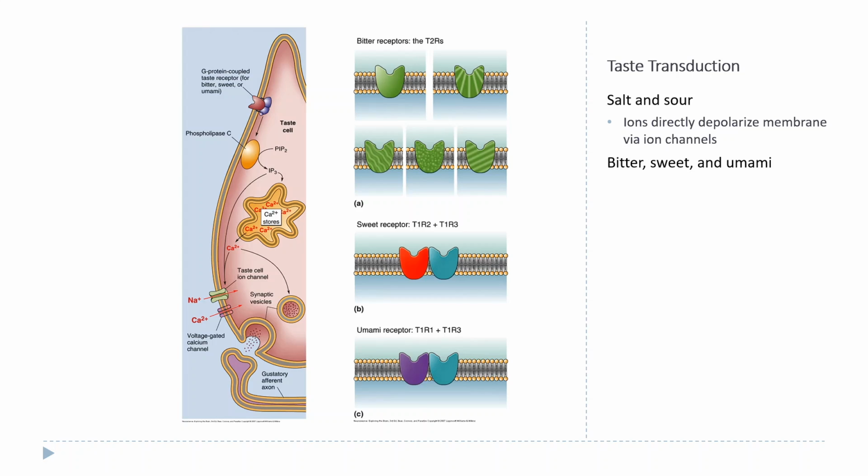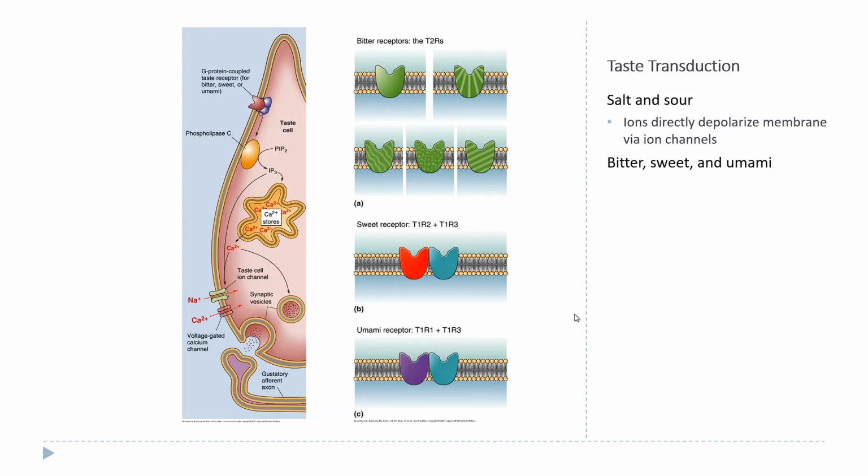And those molecules are too big to really go through a channel. So you can't have a sucrose channel, for example, because sucrose is just too big of a molecule. Having any channel that would be big enough to let sucrose in would let a bunch of other stuff in. So instead, all three of these sensations are associated with G protein coupled receptors.